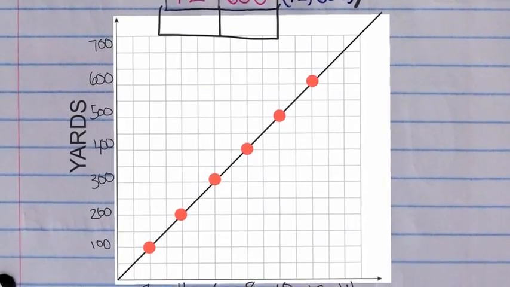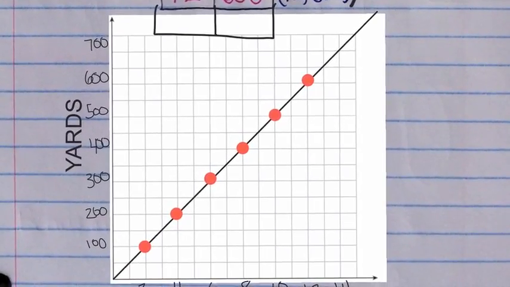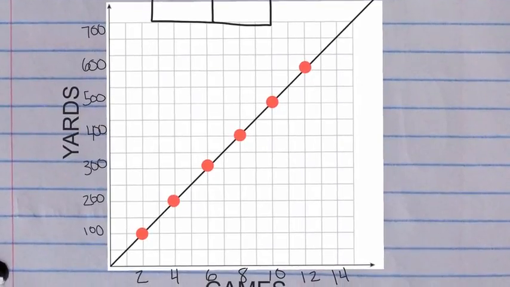If we're following the line all the way up, it's going at a consistent pace. Let's see where it would cross at the 14 mark. I'll slide up a little bit more so you can see the 14. At the 14 mark, where is the y-axis going to be?